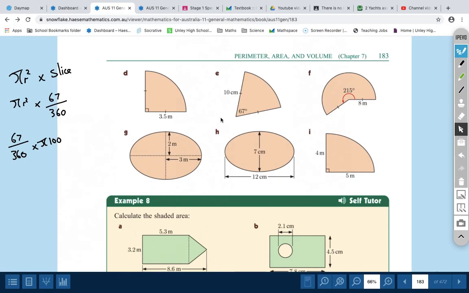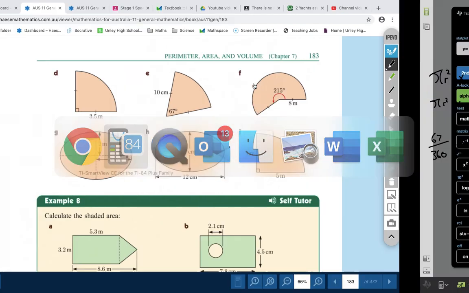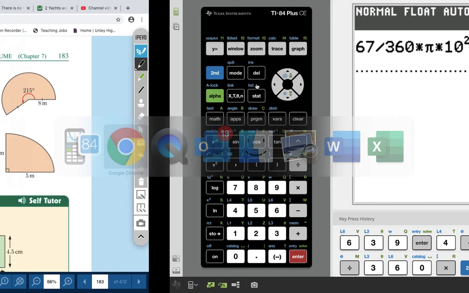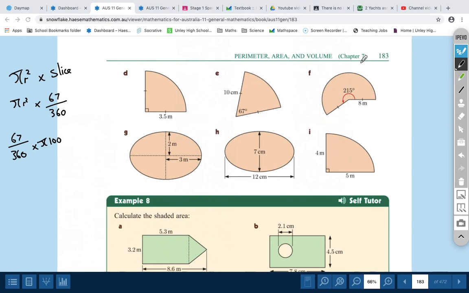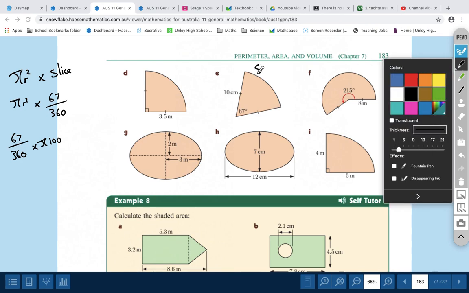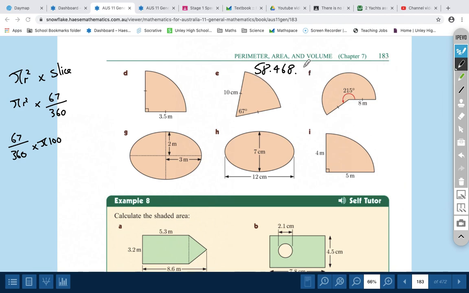58.468. Does it tell you how many decimals? When in doubt, right, 3 sig figs. That's the rule for year 12s. So what was our answer again? 58.468, right? 3 sig figs, though. 3 significant figures.